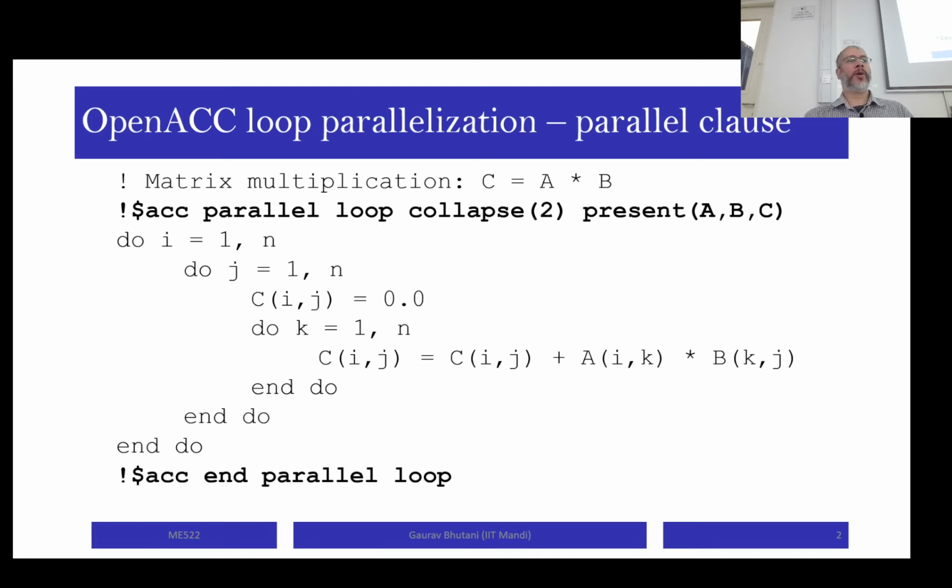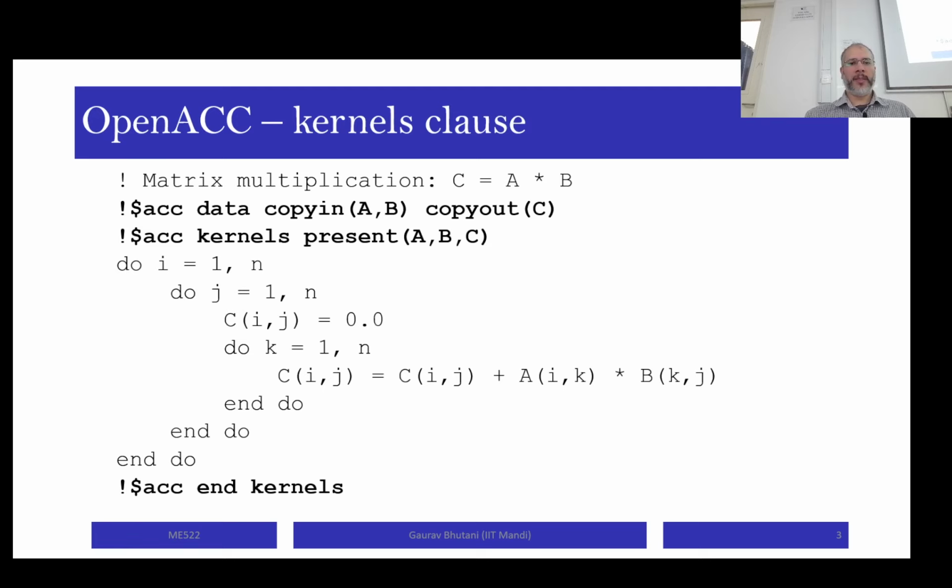Again, it's like OpenMP. If you compile with a flag for OpenACC, it compiles for OpenACC. If you do not have that flag, you will simply say gfortran and compile this, and it will compile it as a normal program because you have an exclamation mark here. These lines will be ignored as comments if you do not specify the ACC flag in the compiler step.